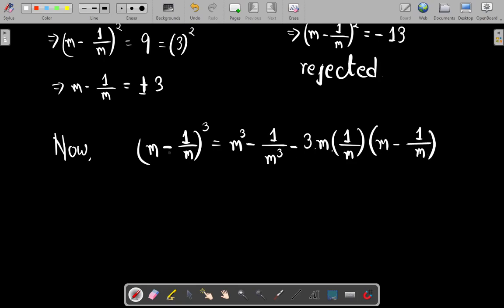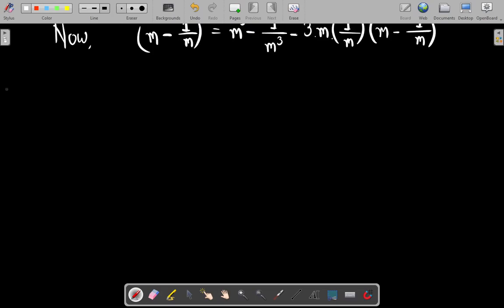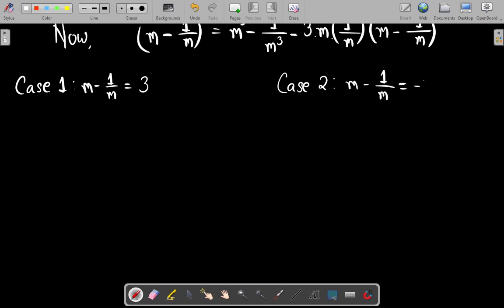That is, a minus b whole cube is a cube minus b cube minus 3ab into a minus b. We are given two values, one is plus 3, the other is minus 3. If we take the first case, m minus 1 upon m is plus 3, and we'll see the other case also, which is m minus 1 upon m equal to minus 3.